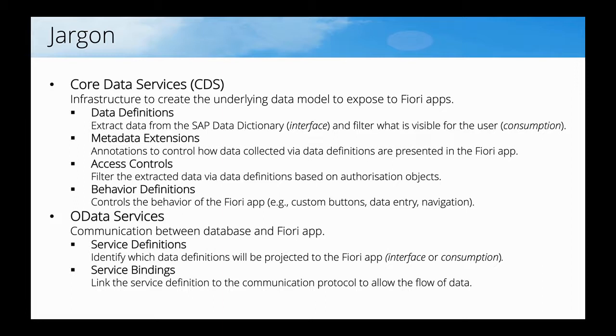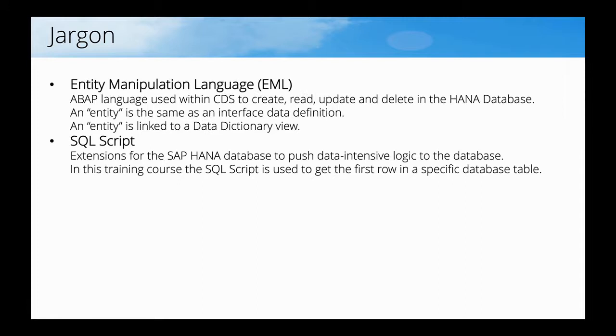We don't dive that much into OData services in this training course because the service definition, service binding are actually quite straightforward for the purpose that we want to build our app for. So it is just there. You need to know that it exists, but we don't do much with OData services. It's all controlled in the background, and you don't need to worry about it.